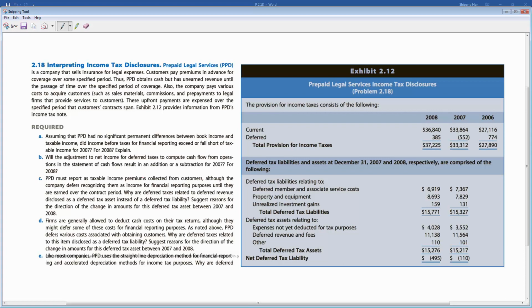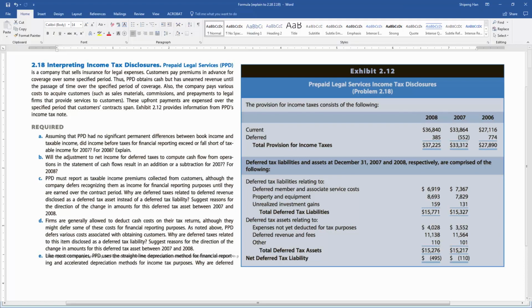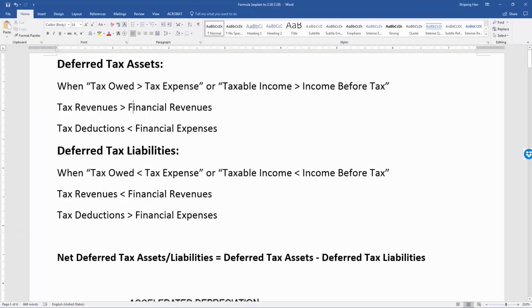Question C. So this tells us the company recognizes the premium as revenue in the tax report earlier than the revenue in the financial reports. So that will give us that the company is going to have the taxable income will be greater than income before tax.